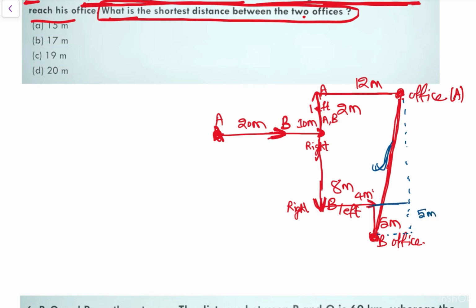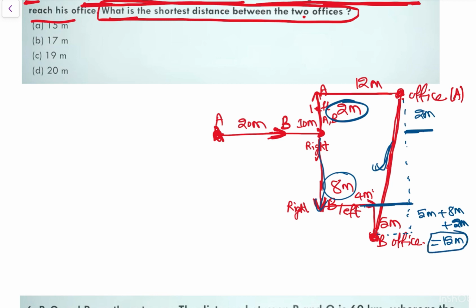This 5 meters is given, and after here this is 8 meters he traveled, plus 8 meters. So whatever 8 meters comes up to here, and 2 meters here plus 2 meters, that is entirely 15 meters.